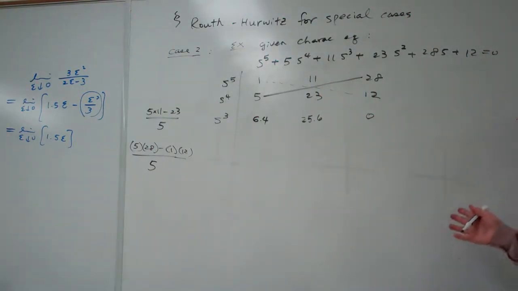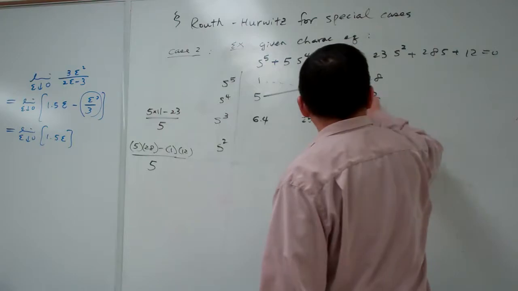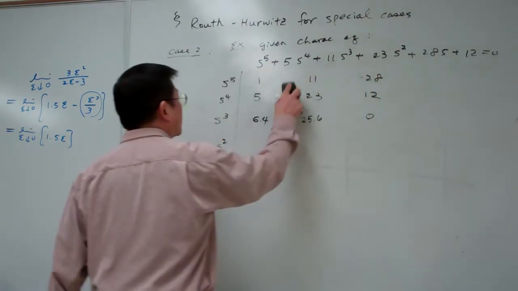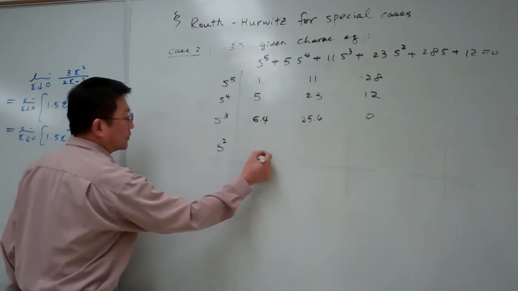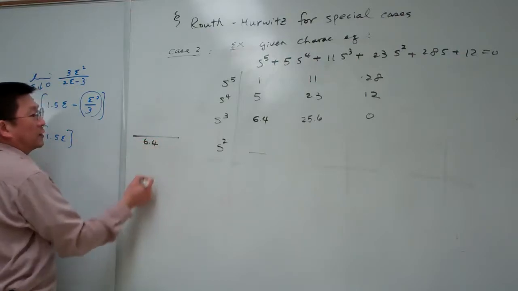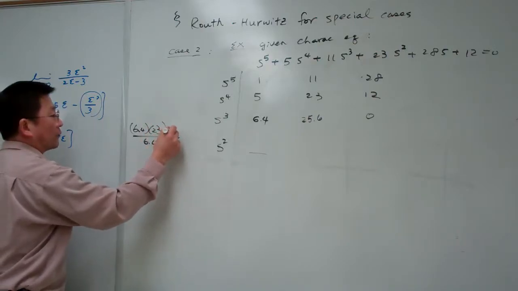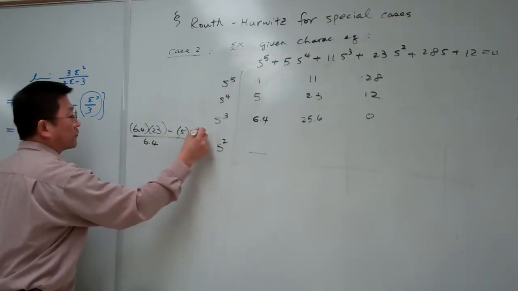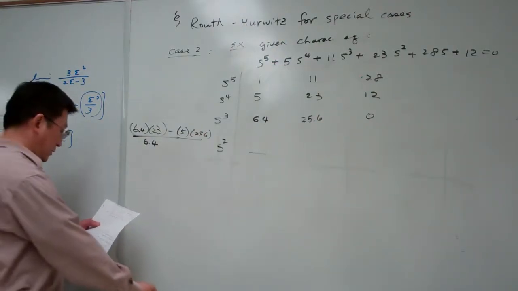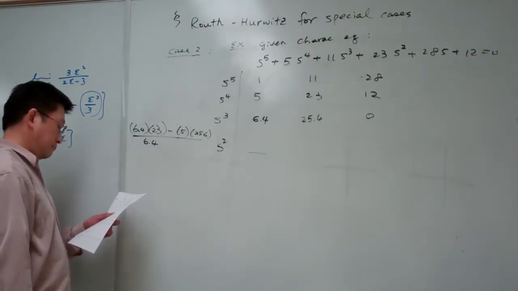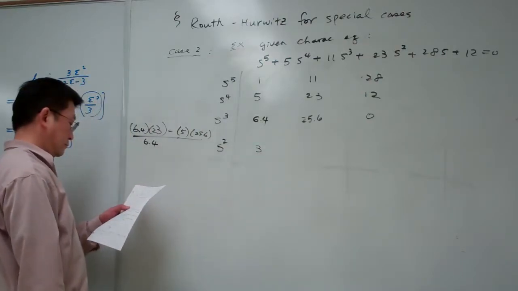So far so good. So we proceed to s^2. Let me erase the unnecessary marks here. For s^2, this number is again 6.4 times 23 minus 5 times 25.6, and that equals 3.